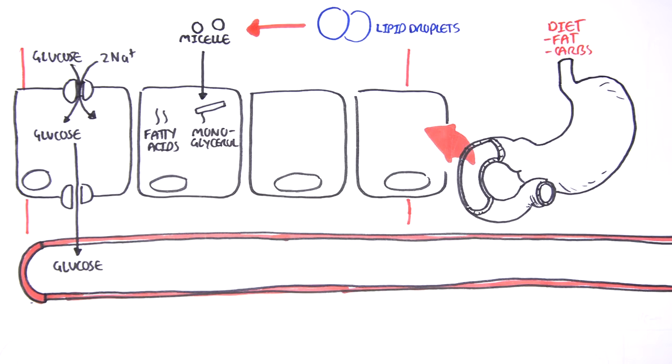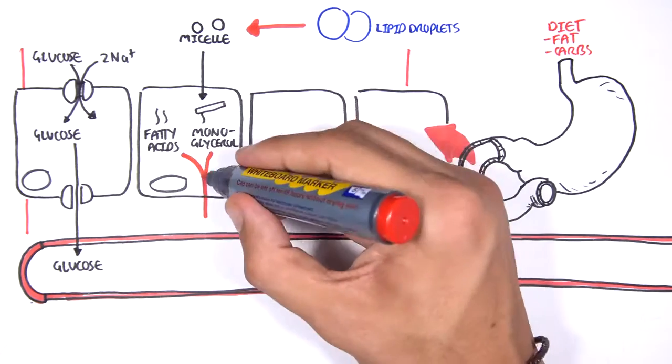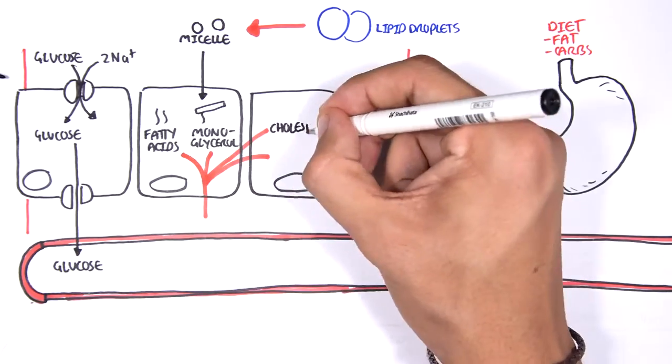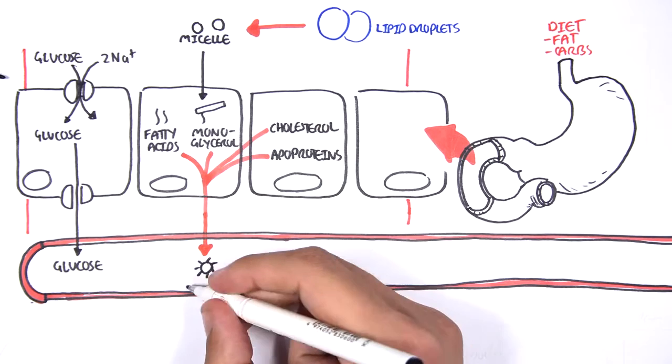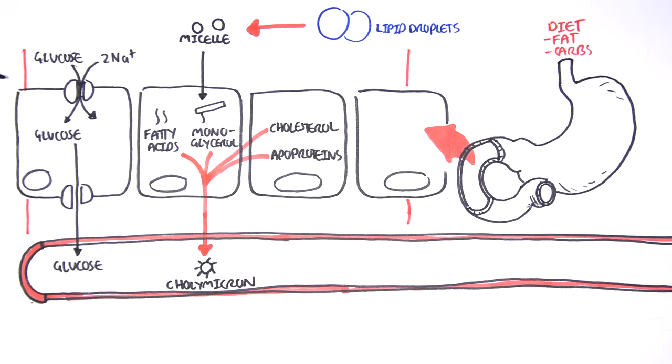The intestinal cells will then package the monoglycerides, fatty acids, cholesterol, and proteins called apoproteins to form what's known as the chylomicron. So all these things are packaged up into chylomicrons. Chylomicrons are predominantly lipids with little proteins, with little apoproteins. The chylomicrons also contain phospholipids within their structure.